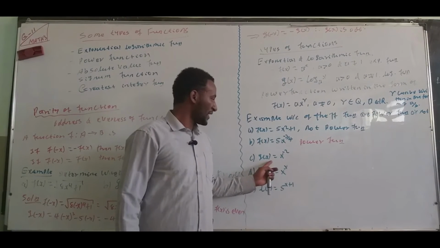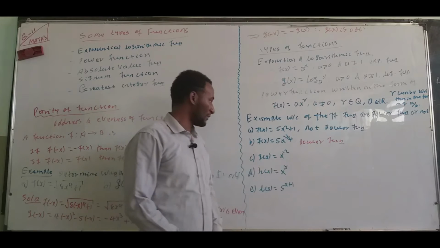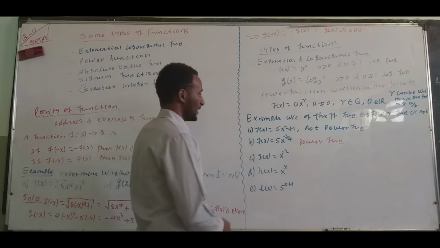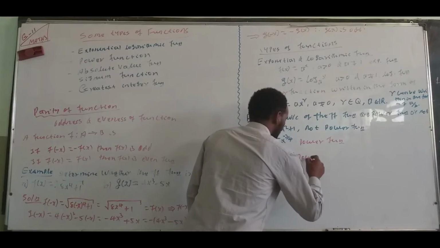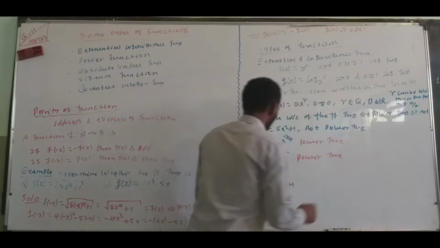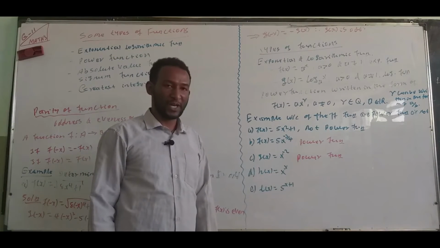If g of x is equal to x to the power of -2, the independent variable is written as a base, therefore it is a power function. And let us see h of x is equal to x to the power of x.